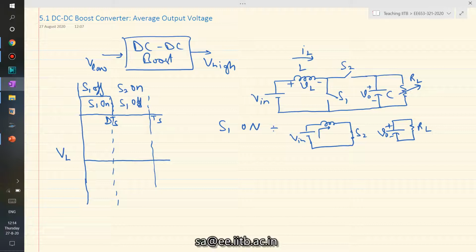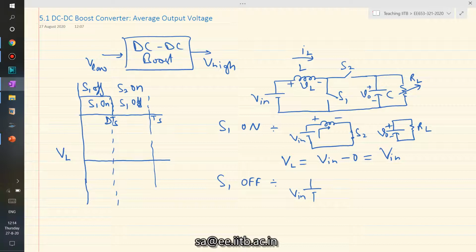So how does this work? We can write the basic equations. What is the inductor voltage during this period? The inductor voltage is Vin minus 0, since the voltage across the switch is 0. So the inductor voltage is Vin when S1 is on. When S1 is off, or S2 is on, the equivalent circuit looks something like this.